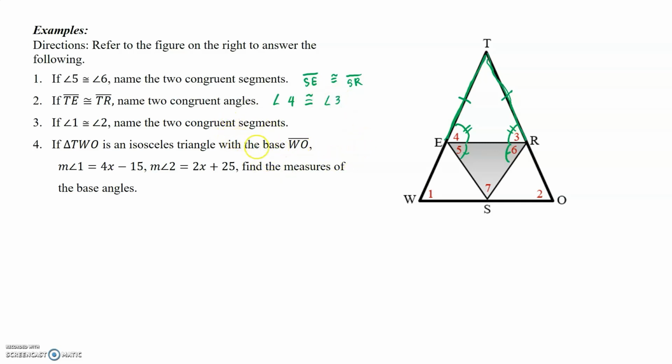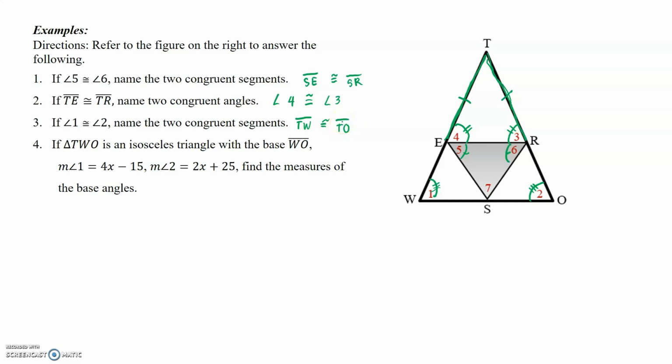Next, let's have if angle 1 is congruent to angle 2, determine two congruent segments. Of course, we know that would be segment TW is congruent to segment TO.